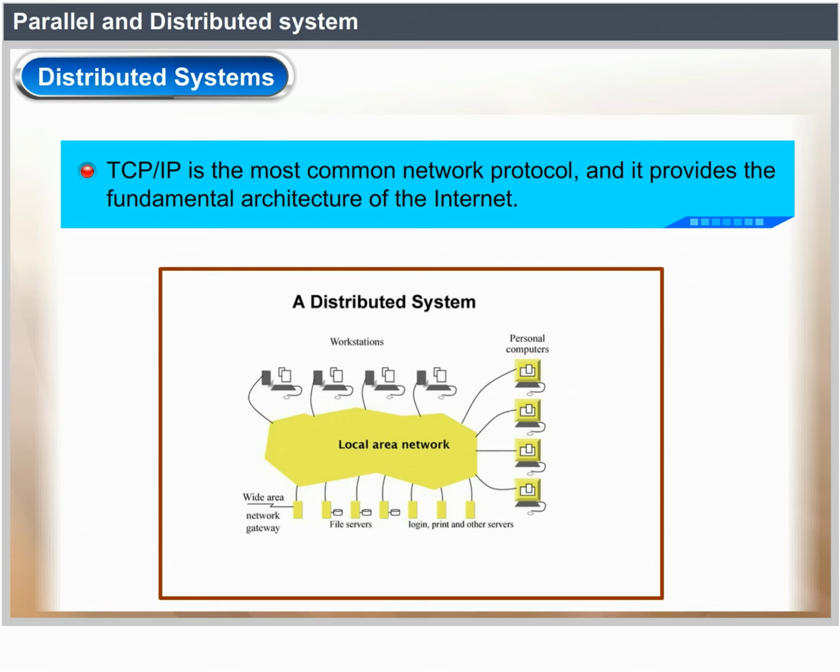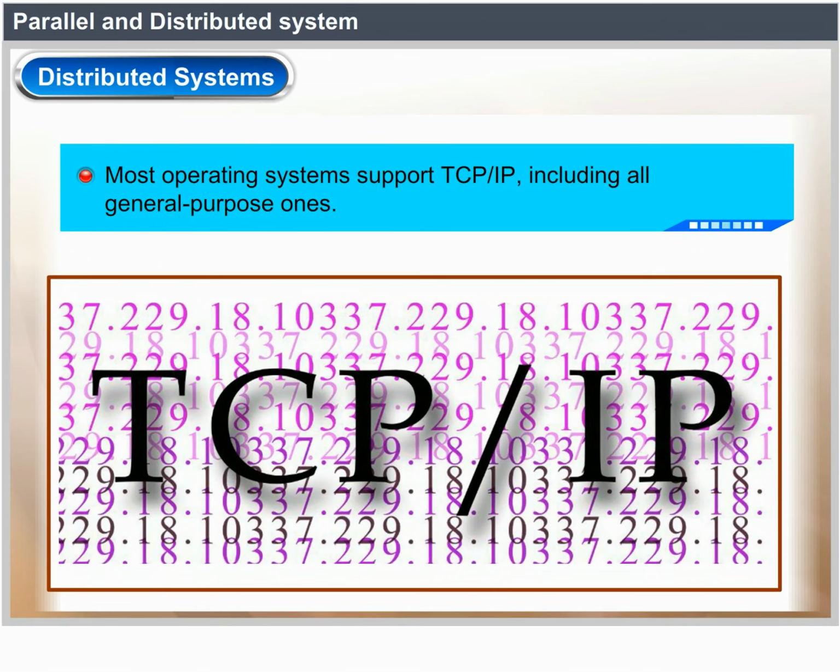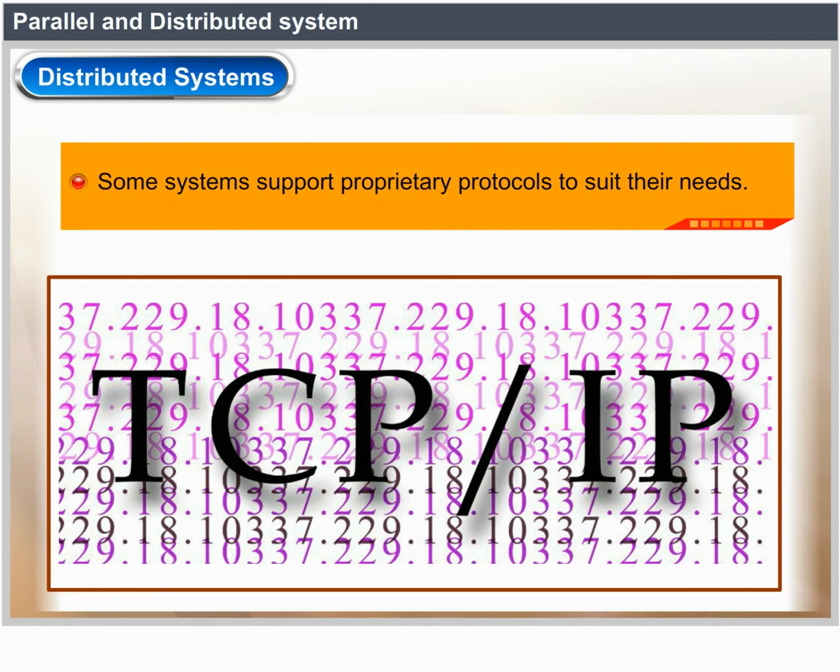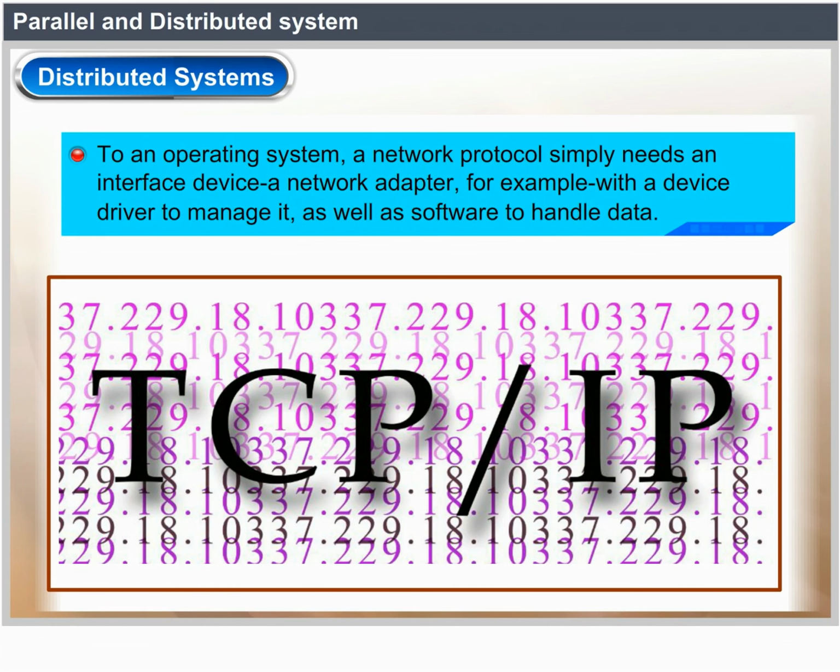Most operating systems support TCP/IP, including all general-purpose ones. Some systems support proprietary protocols to suit their needs. To an operating system, a network protocol simply needs an interface device, a network adapter for example, with a device driver to manage it, as well as software to handle data.